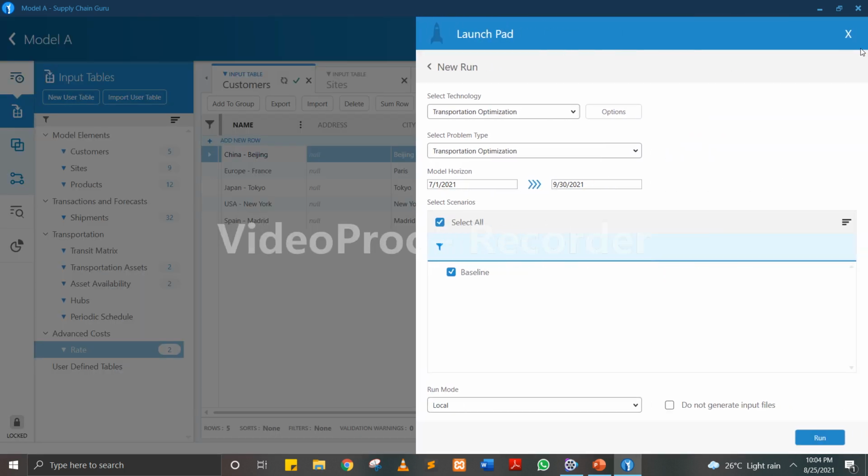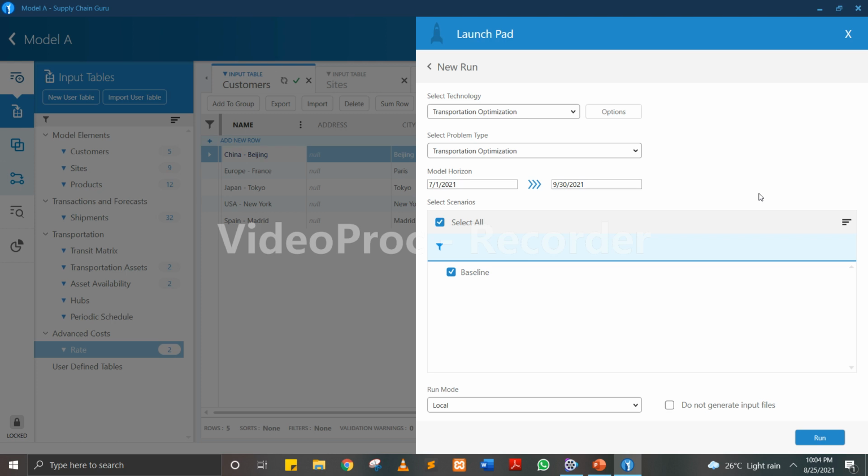Here the selected technology will be transport optimization, and the selected problem is also transport optimization. The model horizon, or the date range, is given according to the shipments, as in bringing the products from the suppliers, doing all the manufacturing, and sending them back to the Cube and to the customers.